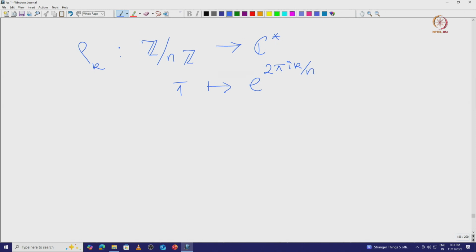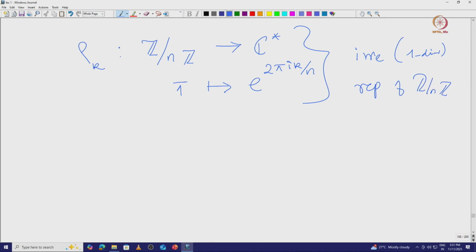Now we know that Z modulo nZ has a presentation which is generated by one element with the relation a^n equal to identity. Using that it is easy to verify that this defines a representation. So, these rho_k are all irreducible, of course, one dimensional representations of Z modulo nZ.